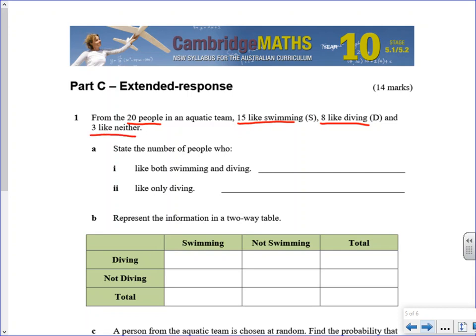Now, obviously, if we add these up for a second, 15 plus 8 plus 3 equals 26. So this is kind of saying we had 26 votes, I guess we could call it. Which doesn't add up, because if we had 26 votes but there were only 20 people, that means some people have been double counted.